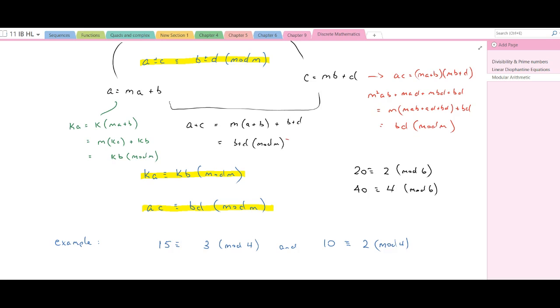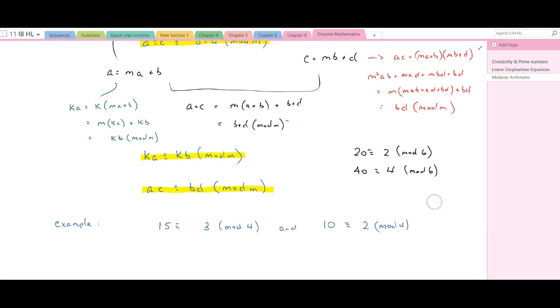Okay, just an example to see where we are so far. If 15 is 3 mod 4 and 10 is 2 mod 4, let's see how these things work.